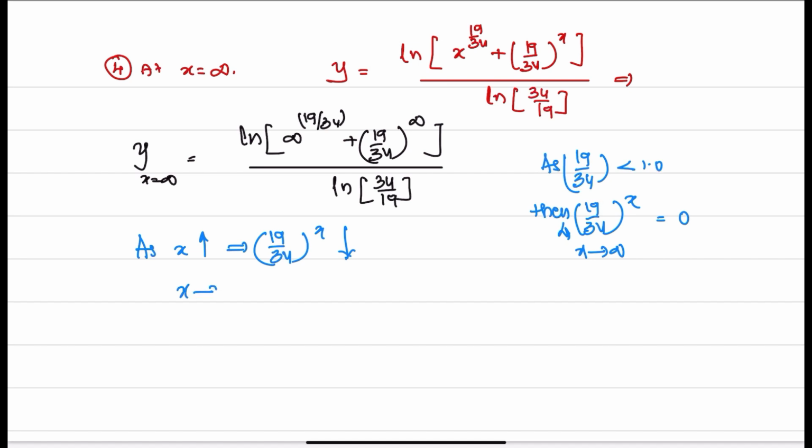That means x tending to infinity implies 19 by 34 to the power of x will be tending to 0. Then this particular value will be 0. Then next what happens?